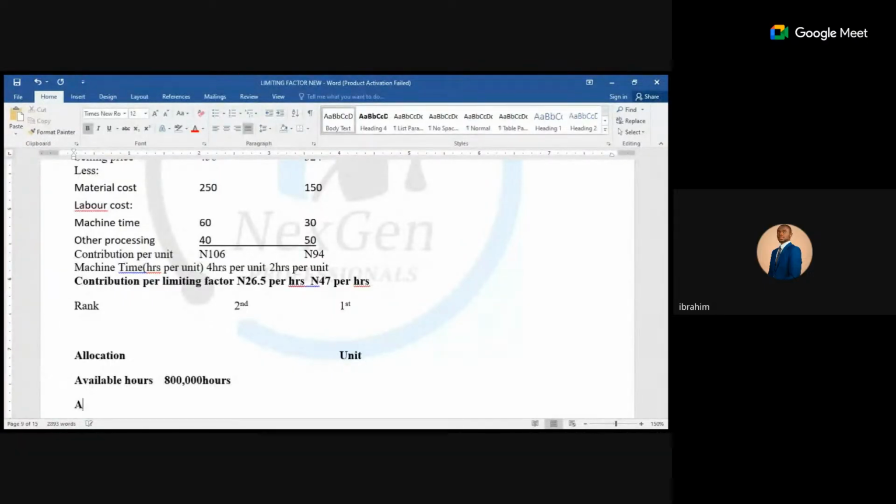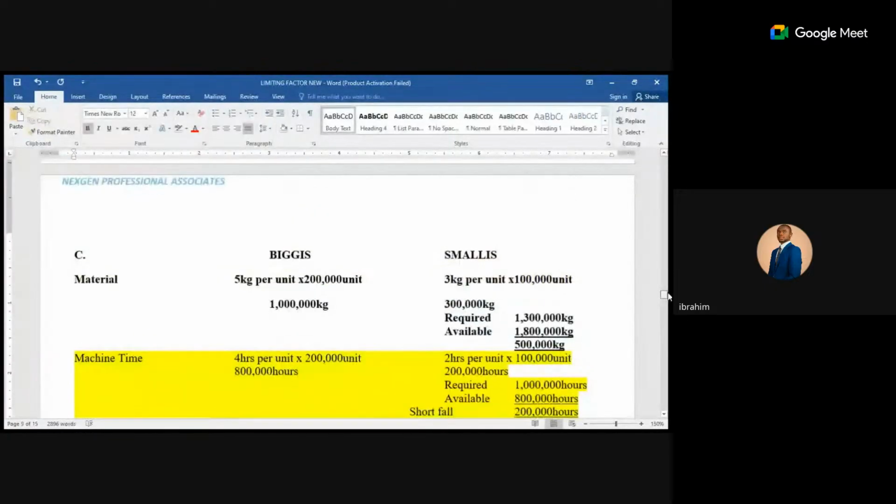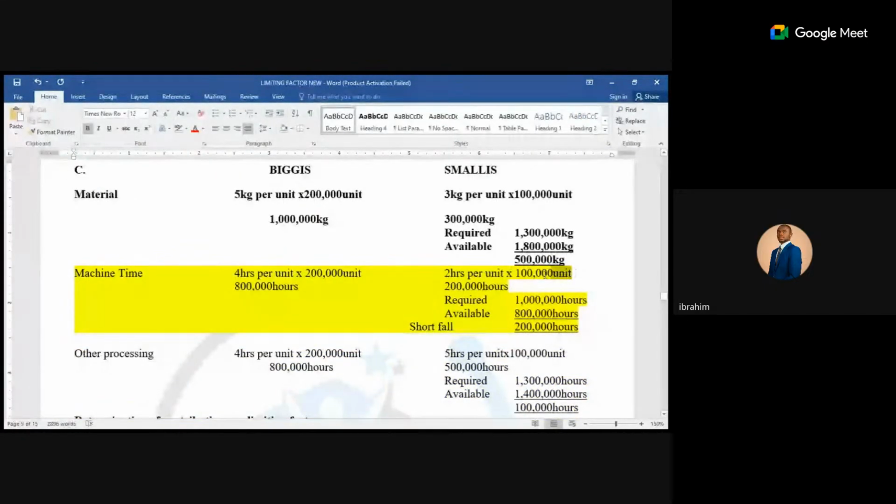Now, we are allocating. Smallies first, because smallies have the higher ranking. We have to allocate the hours to produce smallies first before biggies. So, how many hours will smallies use to produce 100,000 units? 2 hours per unit, so 200,000 hours.